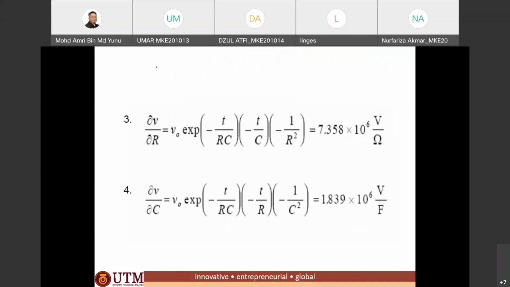So for the third term, find the derivation of dV over dR. So you see carefully the result.